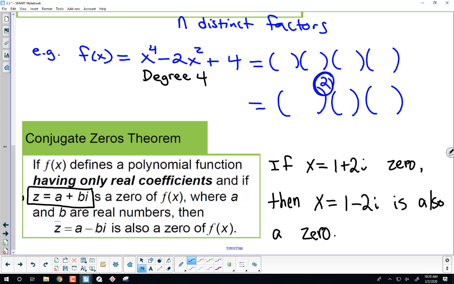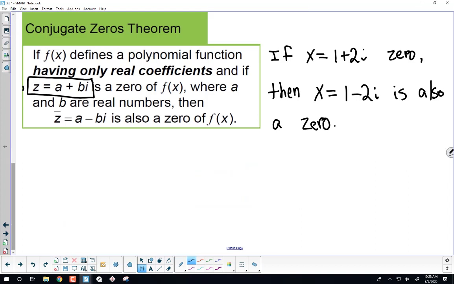Yes, exactly. If 6 plus 2i were a zero, then automatically you should have 6 minus 2i as a zero, or vice versa. Complex numbers, with real coefficients on the function, always show up in conjugate pairs.